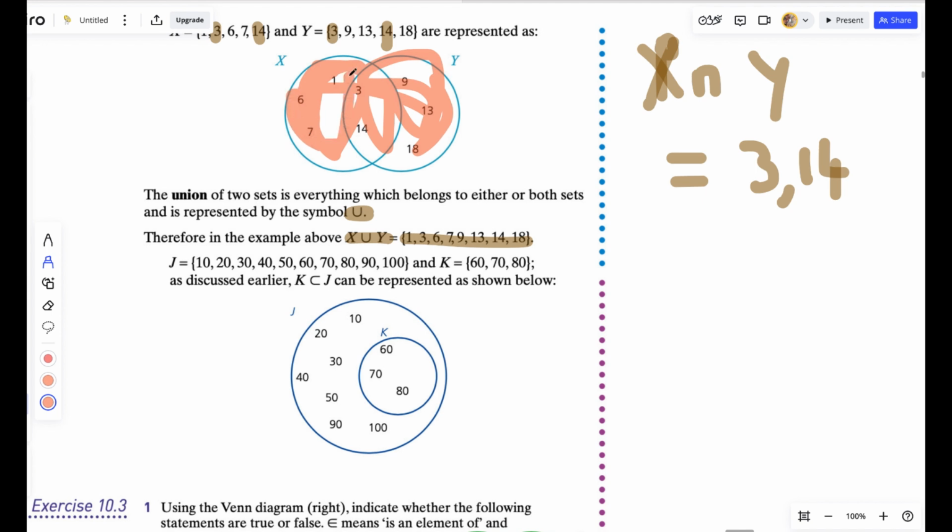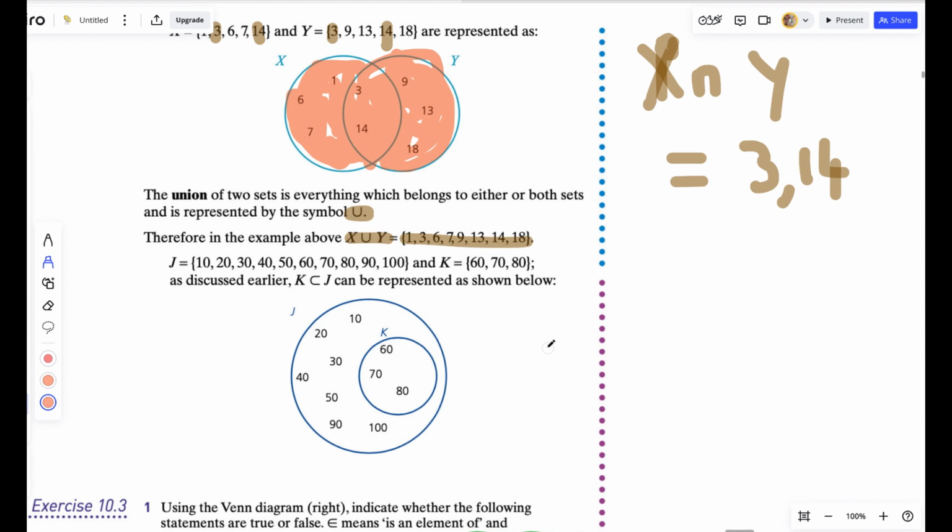Unlike the intersection, where we shade only the overlap, union is everything, as long as you don't include the universal set outside, in case we have one. Shading everything is called the union of the two sets.